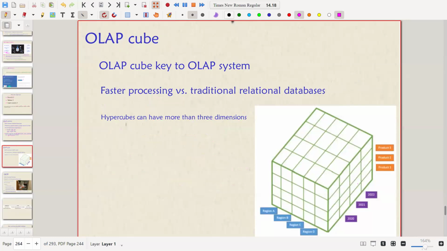This is what we discussed in the first few slides of our lecture, the data cube, where you have region A, region B, region C, region D, and you have years here, and this is the kind of product, for example, transportation products like tires or something like that, or maybe your health related products.